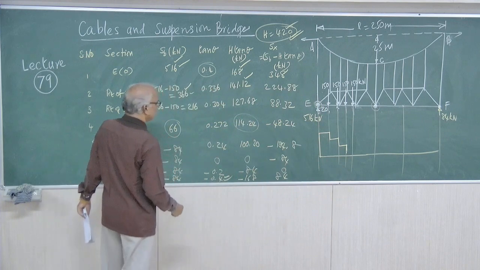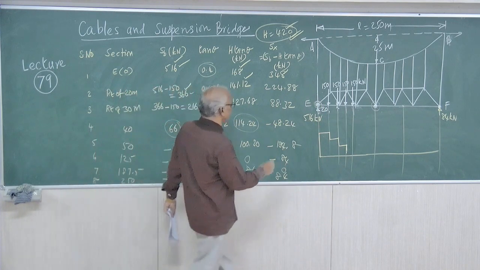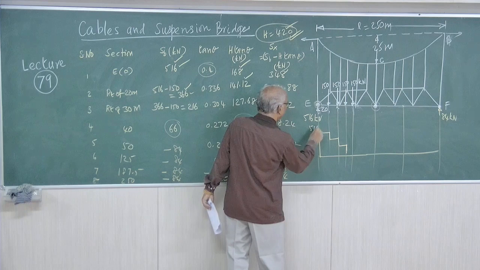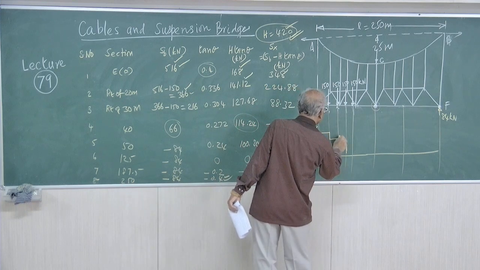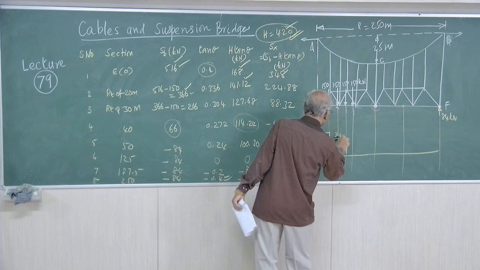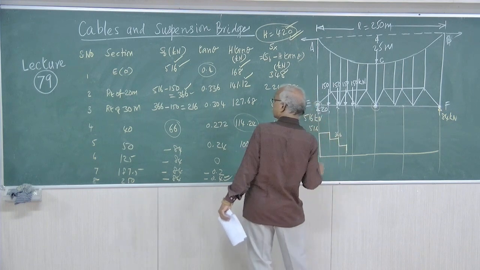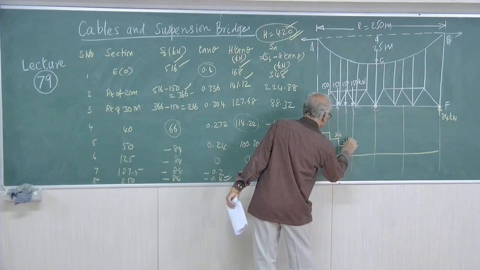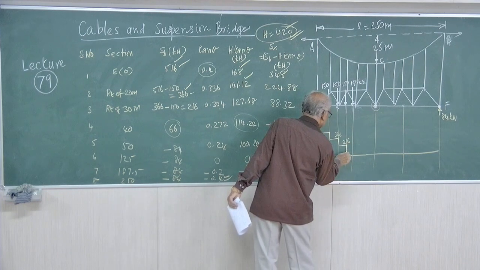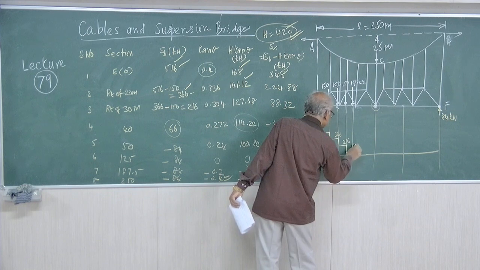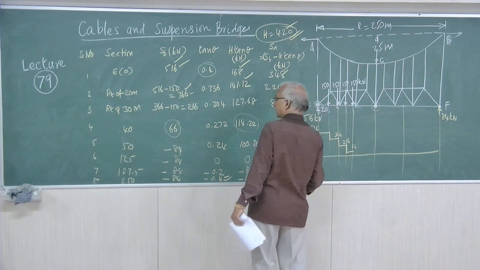This is 516, and second value is 366. Third one is 216. Next is 66. So this is 66, and 66.